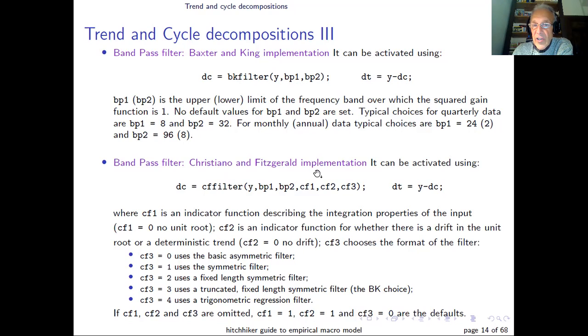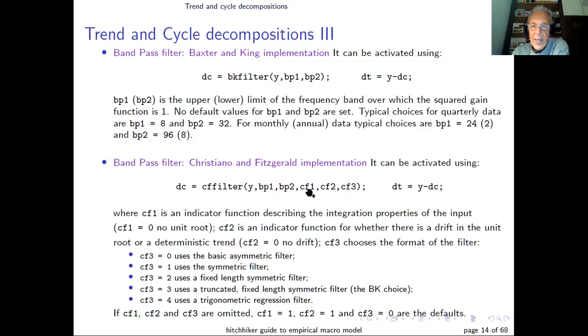The Christiano and Fitzgerald implementation is called with the CF filter. It has more inputs than the BK filter, so it still has the data and the upper and lower limit of the band, but it has 3 more inputs, which are CF1, CF2, and CF3, which basically set up a few options.